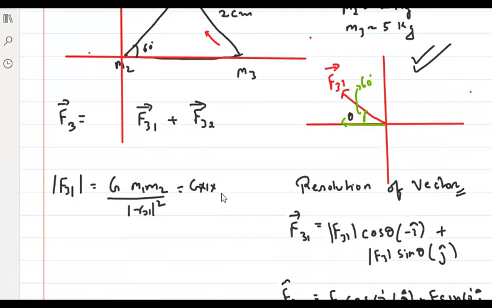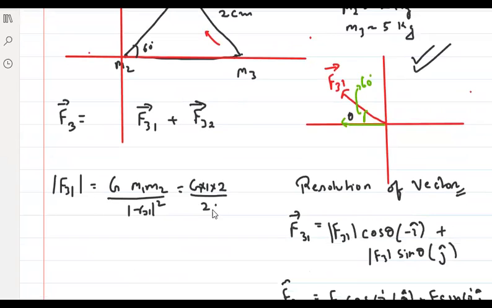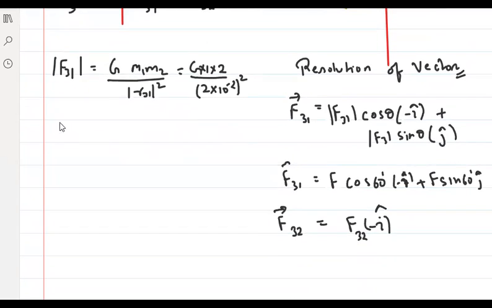M2 is 2, divided by, what is R? R is 2, but it is in centimeter, so it should always be converted into meter. So into 10 to the minus 2 whole square. Find this separately and just put it at the last.